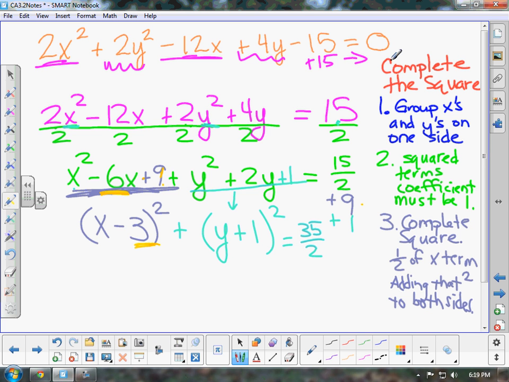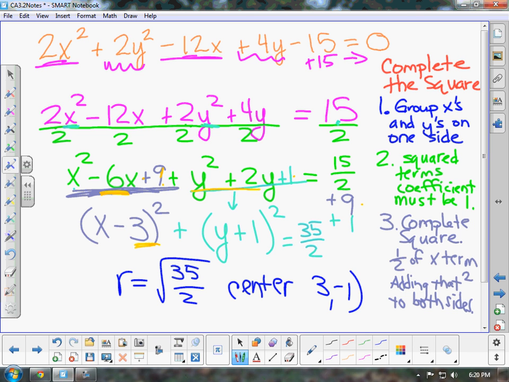Then do the same thing with the y values. Take half of the y term, square it, add that to both sides. Now that you have it in this form, you know that the radius of our circle is the square root of 35 over 2, and the center is at 3, negative 1.